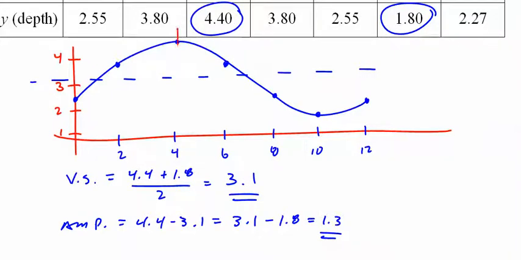Period's a little trickier to figure out. The projects I'm going to have you do, the period's usually 1 year because you're finding temperature over the course of a year, which means it's repeating every January 5th. It's roughly the same, and every August 2nd, it's roughly the same.